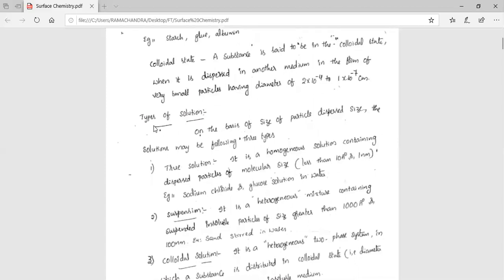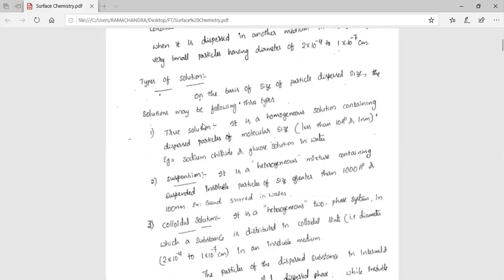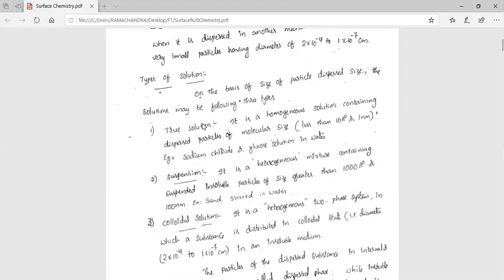So let's see the types of solution. On the basis of the size of the dispersed particles, solutions may be classified into three types. One is a true solution, the second is a suspension solution, and the third is a colloidal solution.